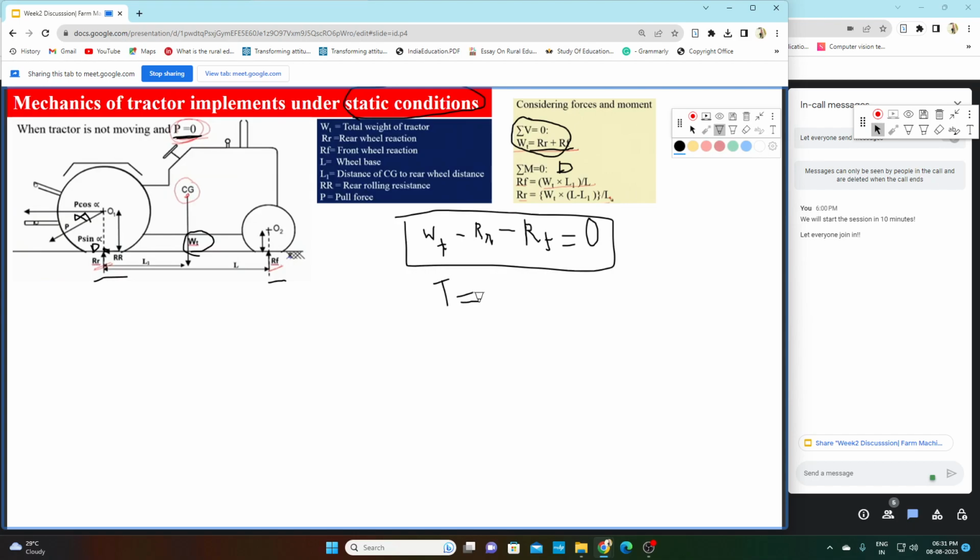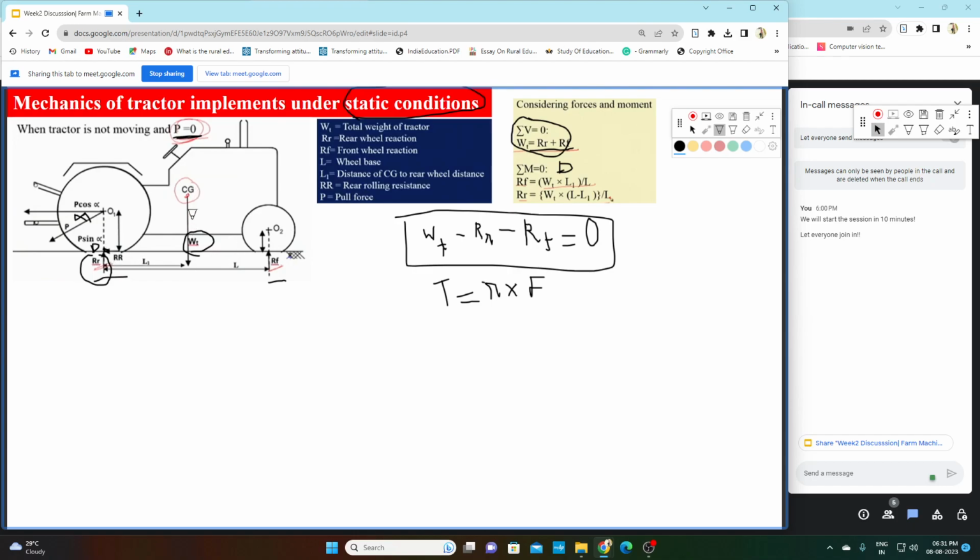So torque is R cross F, meaning distance into the force acting on it. If we are taking moment at point D for this RR, there is a force RR but there is no distance because we are taking moment here. So RR into 0 is 0.